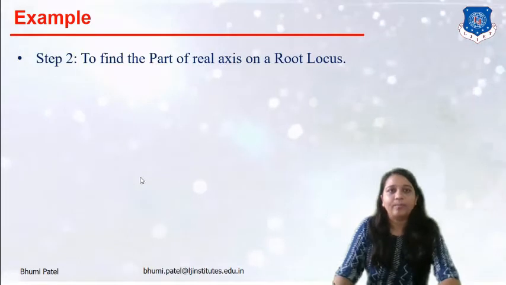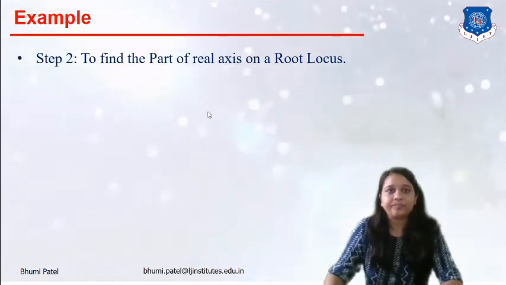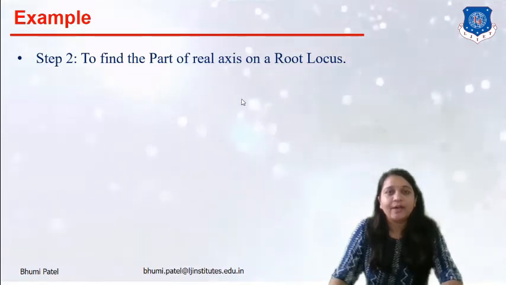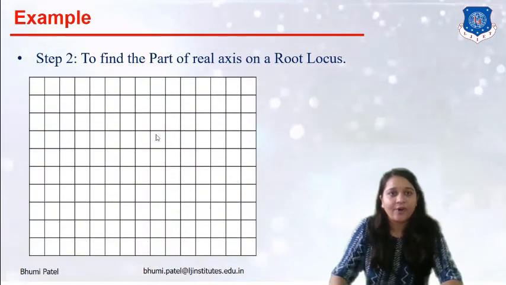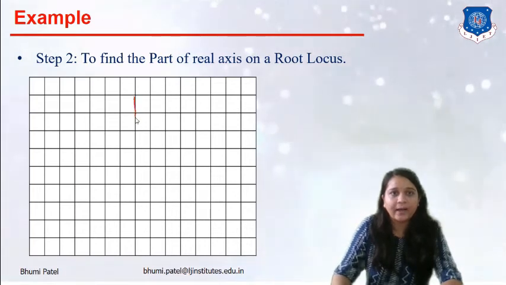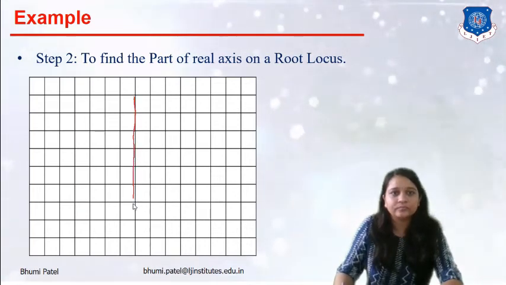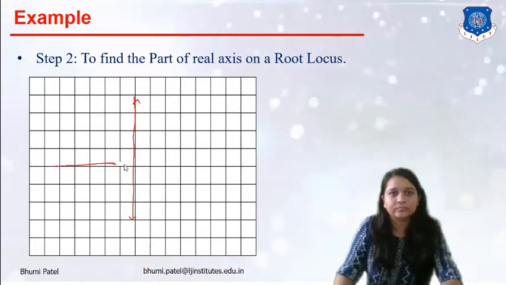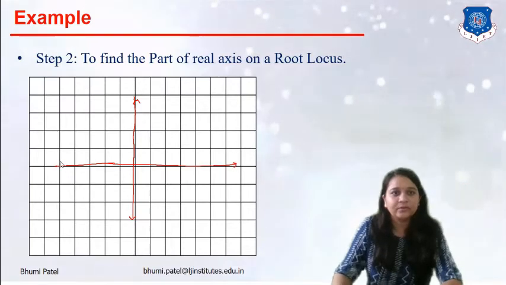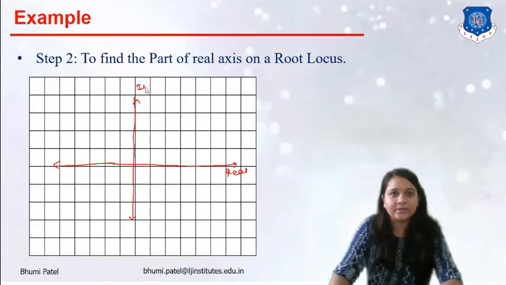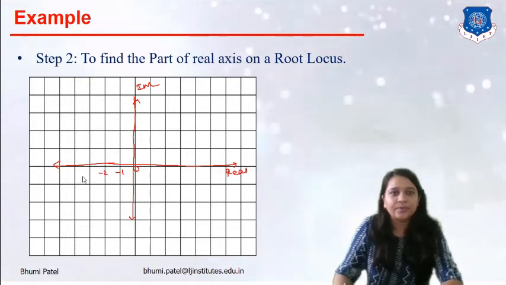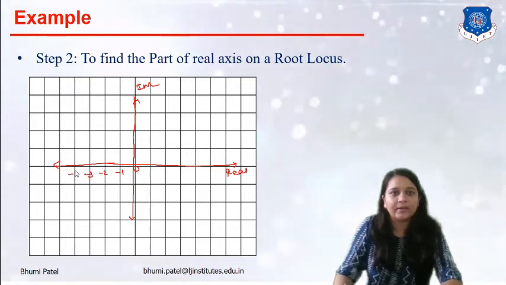Now step number 2, find the part of the real axis on the root locus. So we have to find the root locus area. For that we draw a graph with real axis and imaginary axis. Starting with 0, this is minus 1, minus 2, minus 3, minus 4.